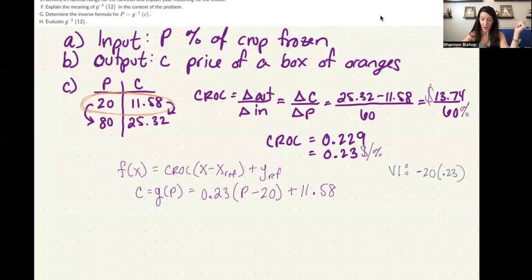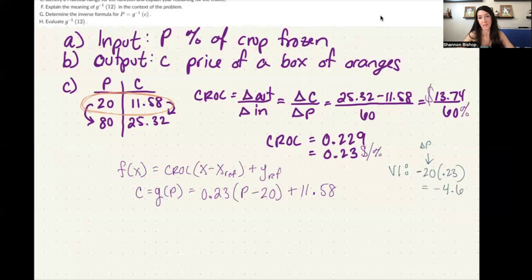So if you go backwards 20%, well, then the price would have been cheaper too. How much cheaper? Well, let's multiply by the rate to find out. So again, I'm just going to grab my Desmos and do negative 20 times 0.23, and you get negative 4.6.